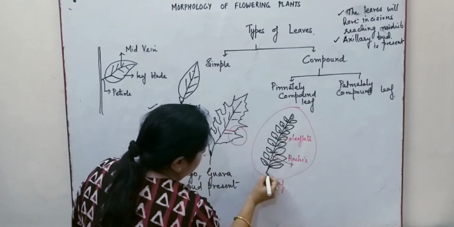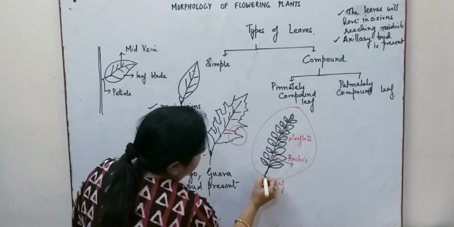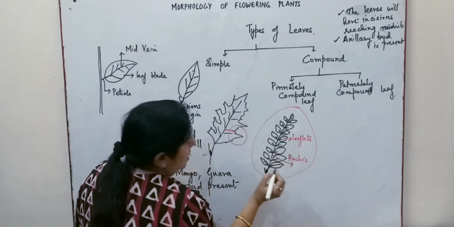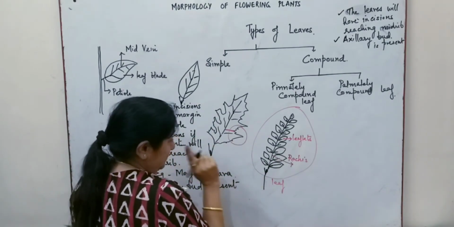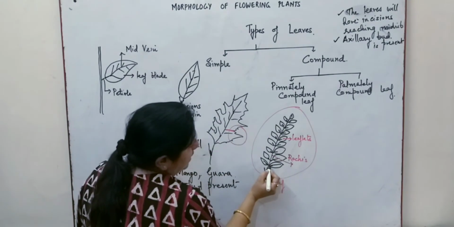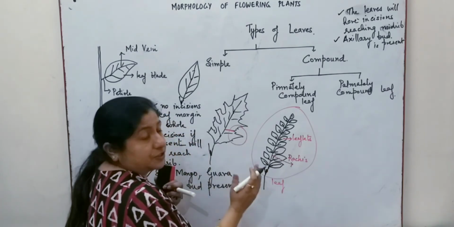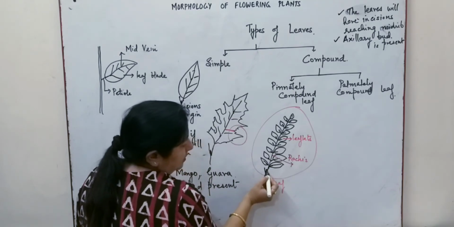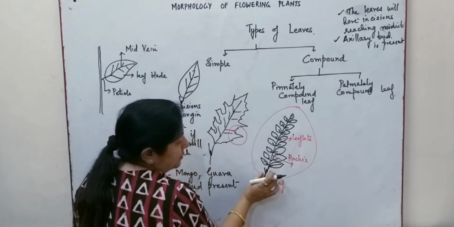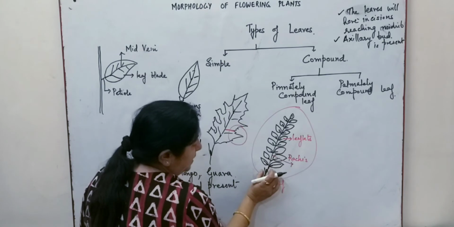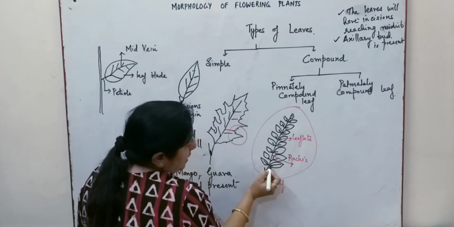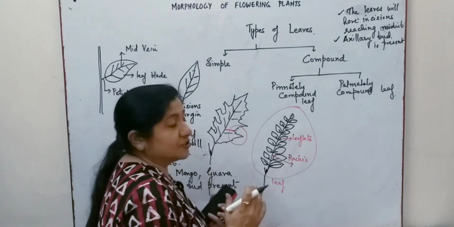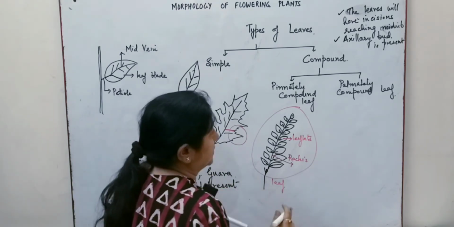If this is the stem, it will be over here. But that is how we classify whether the leaf is simple or compound: although an axillary bud is present at the petiole or leaf base, no axillary bud will be found with the leaflets. So that is one important difference.